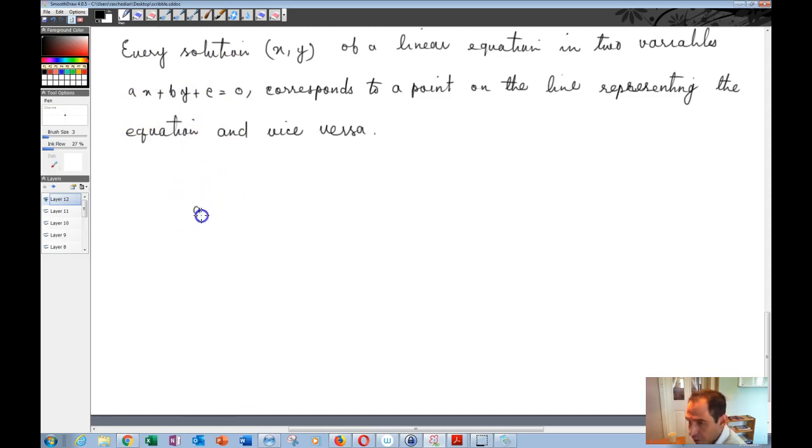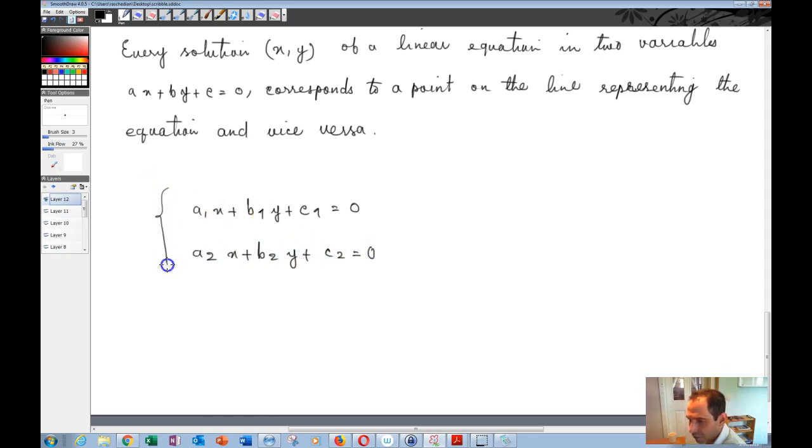For example, a1x + b1y + c1 = 0, and another linear equation like a2x + b2y + c2 = 0.